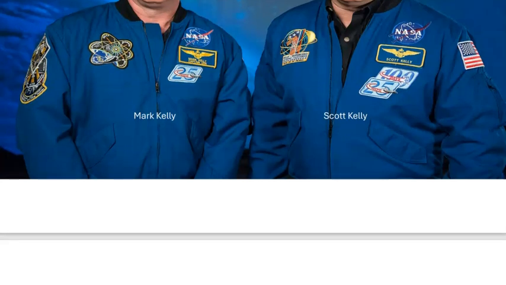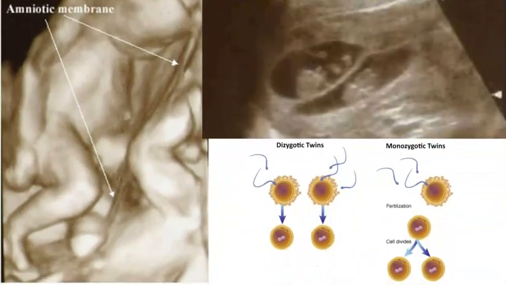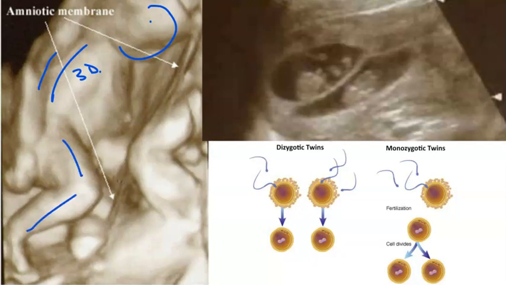Here are two famous twins, Mark and Scott Kelly, the astronauts, and you can see that clearly they resemble each other a great deal. In the images here, we've got some more monozygotic twins, this time using 3D ultrasound imaging. The head of one twin is here, its back, its arm, its leg, thigh bone, forelegs here, and of course the other twin is actually facing the other direction.